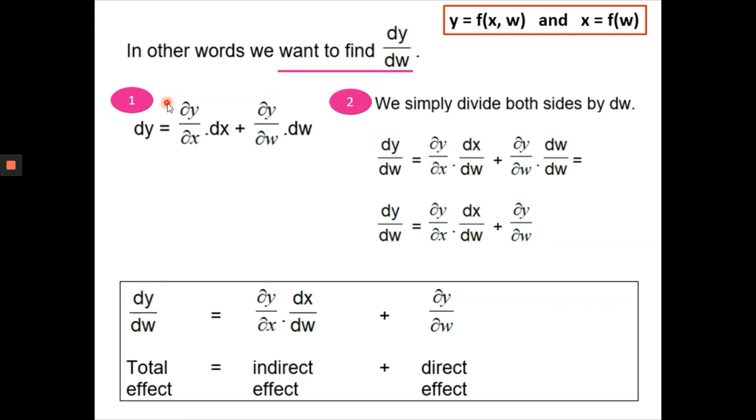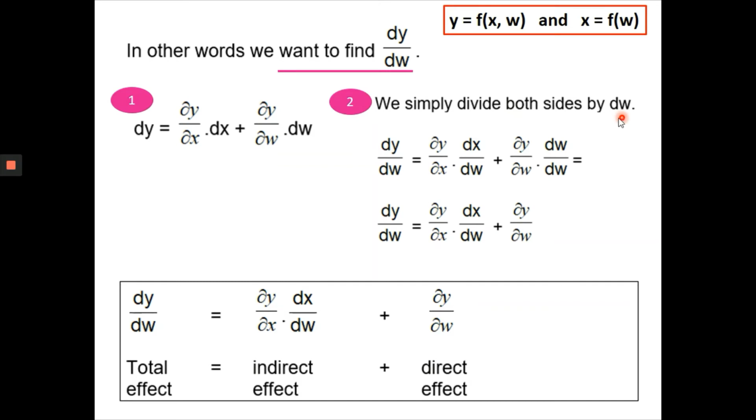Step 1, we need the total differential dy. Okay, so as we saw in the previous slide, here we have our total differential dy. The next step, step 2, we simply divide both sides by dw. dw in this case is the relevant differential because, as we've said in this model, w is the driving force of change.